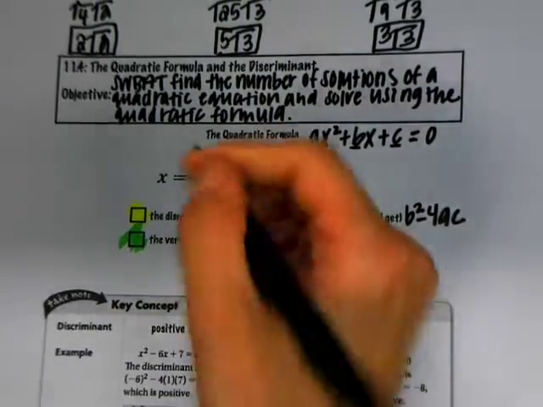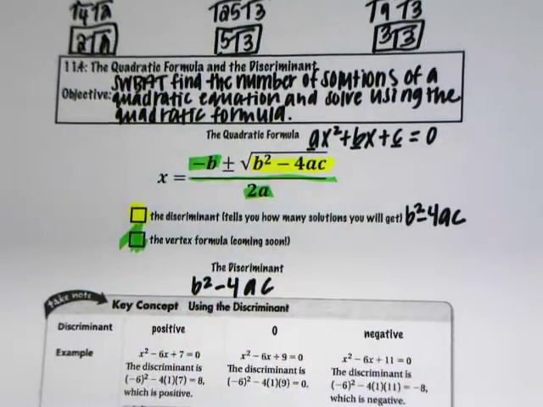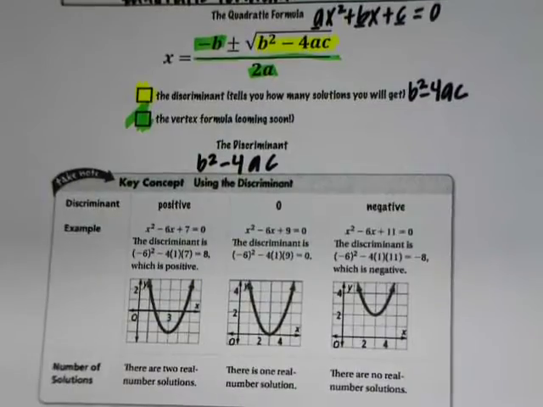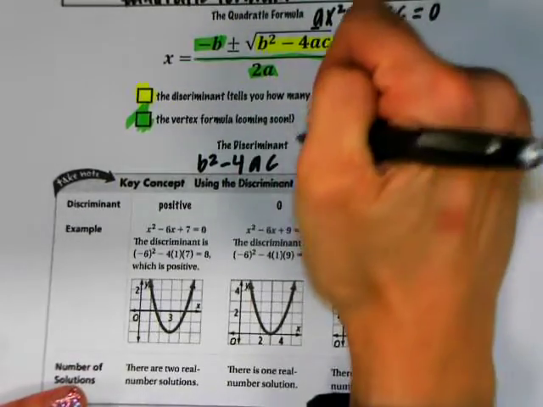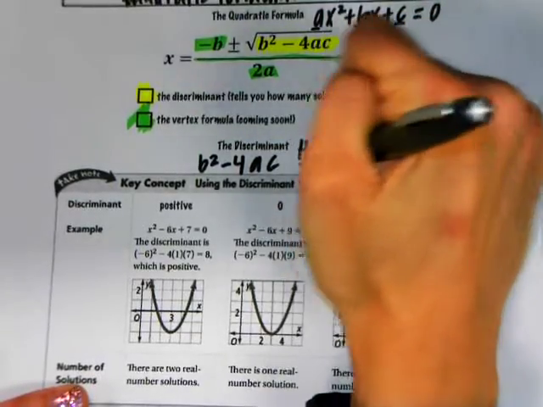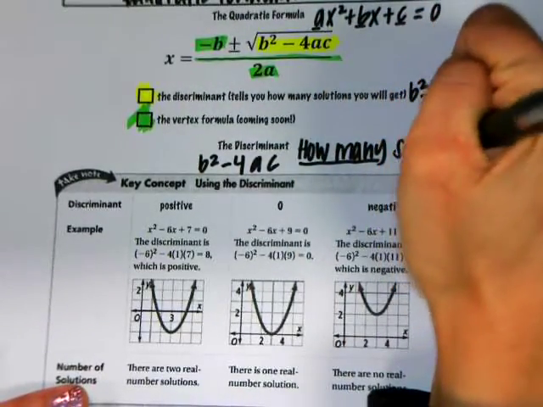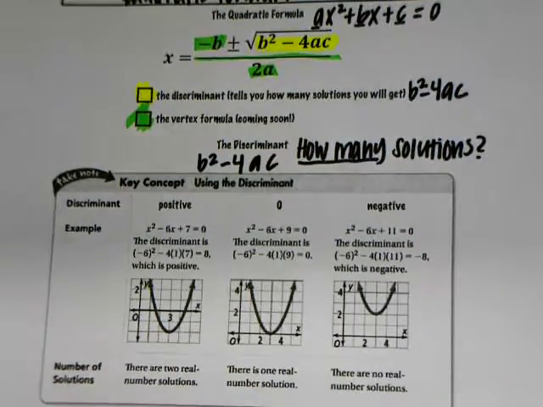So the discriminant is b squared minus 4ac, and you use this when you're trying to figure out how many solutions you're going to have. If you want to figure out what those solutions actually are, that's when you have to use the whole thing.